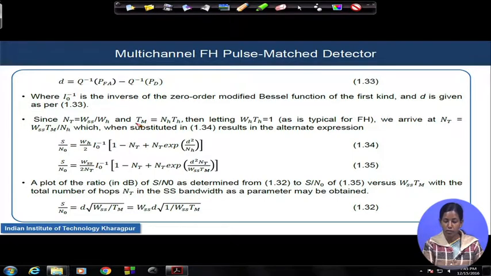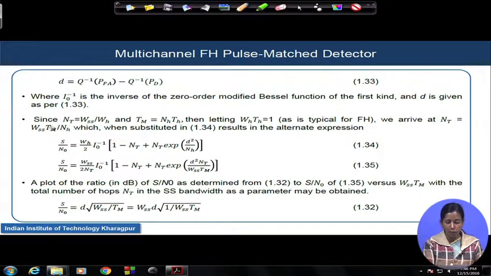We also understand that the message duration Tm is nothing but the number of hops multiplied by the hop duration. And if we consider that the time bandwidth product is equal to 1, which is typical for the frequency hopping condition, we arrive at the fact that NT can now be written in terms of WSS Tm by NH, by substituting the values from these two.